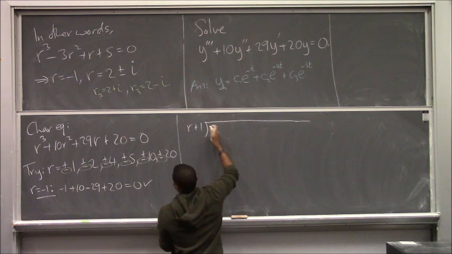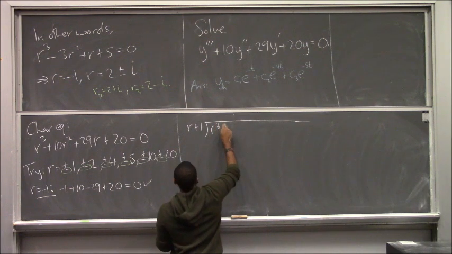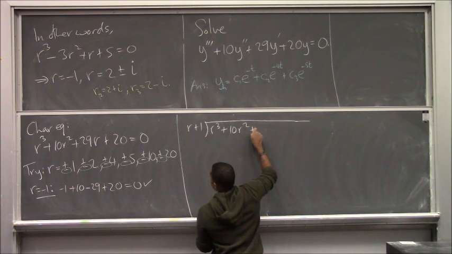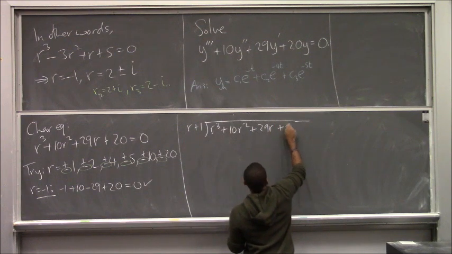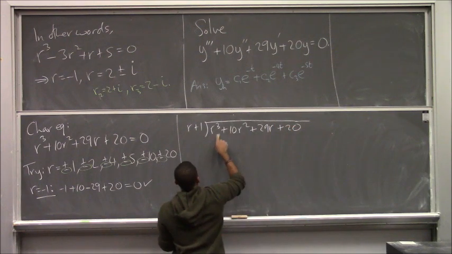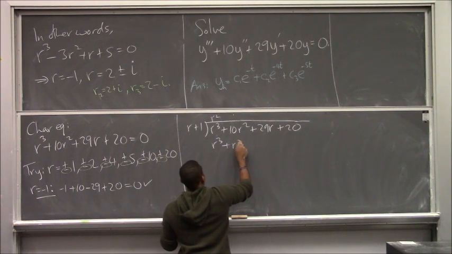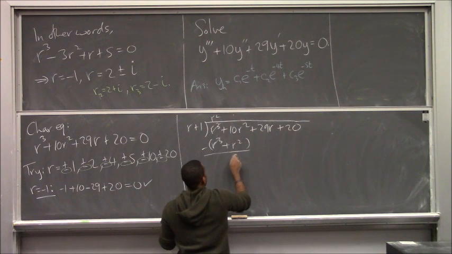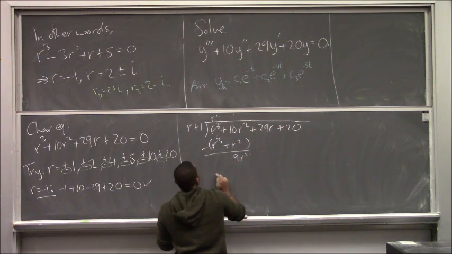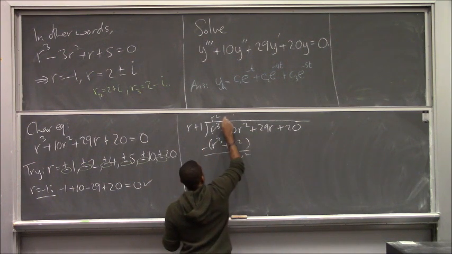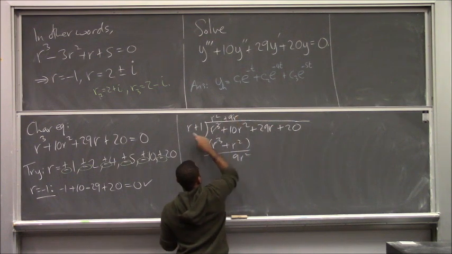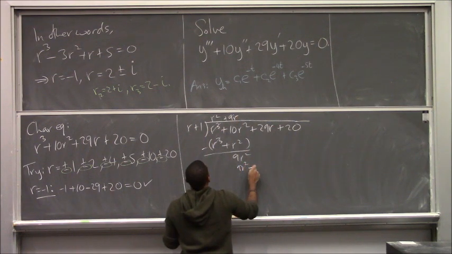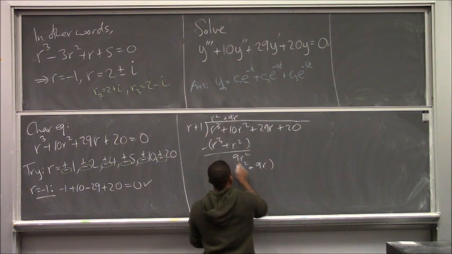Right? So I'm going to go here, r cubed plus 10r squared, make sure all r's are accounted for. This into that goes r squared times that gives me r cubed plus r squared. Subtract, the r cubes die, I would have here 9r squared. R into that goes plus 9r. 9r times this, 9r squared plus 9r.